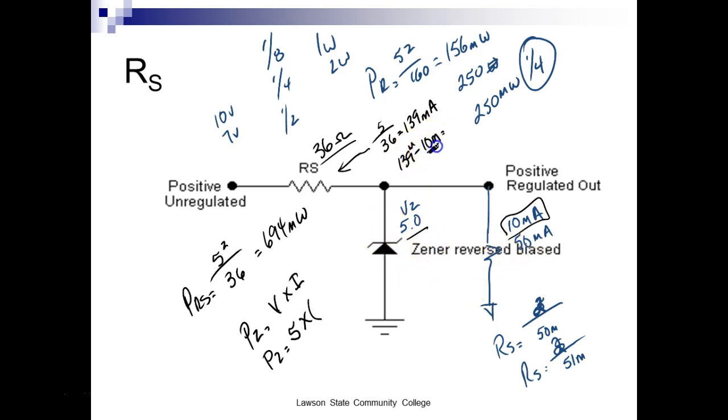So the Zener current is maximum when the load current is minimum. So it's going to give me 129 milliamps. So times 129 milliamps. So the power of my Zener would be equal to what?